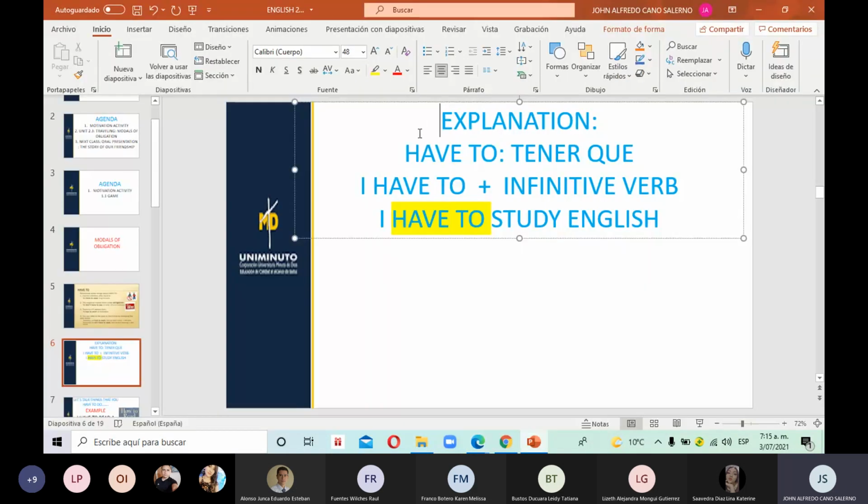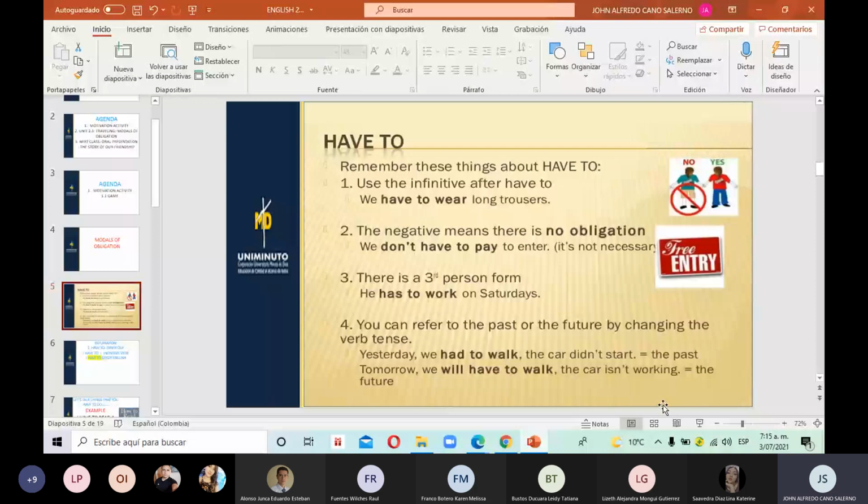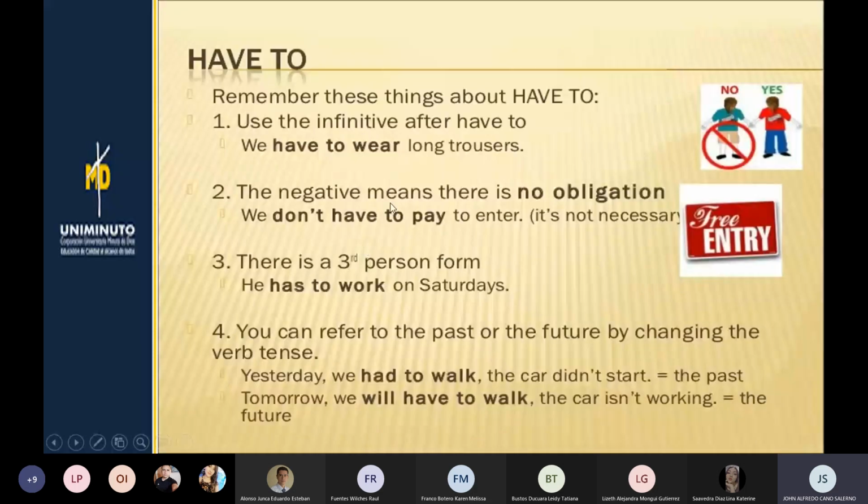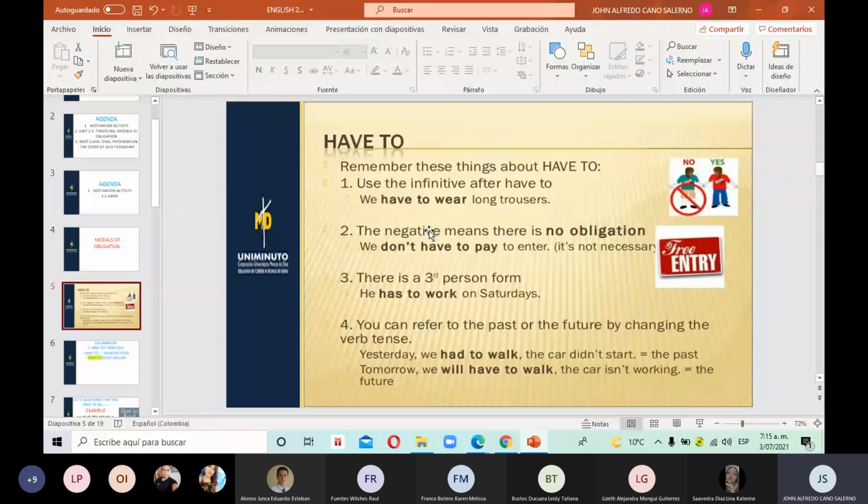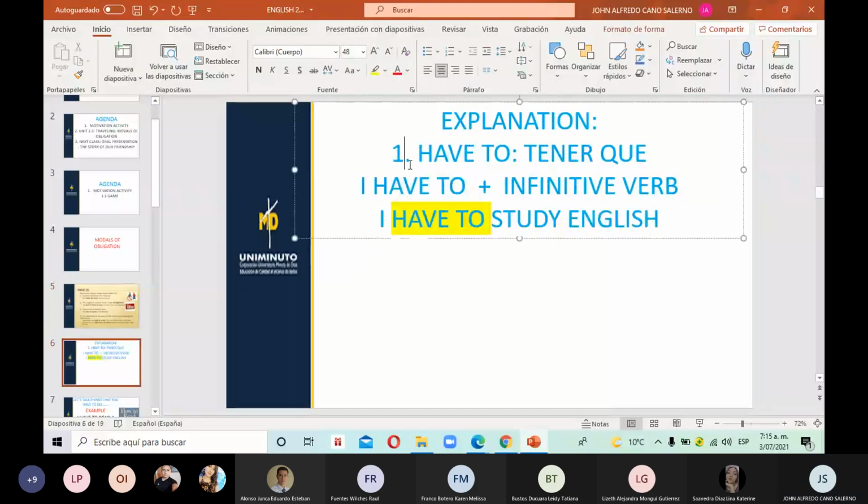Number two. The negative means there is no obligation, so we don't have to pay to enter. Here we have the explanation. Number two, have to, negative.